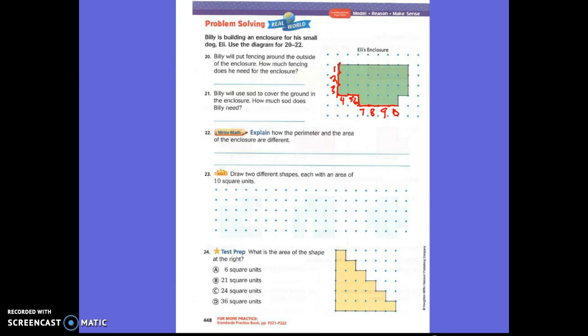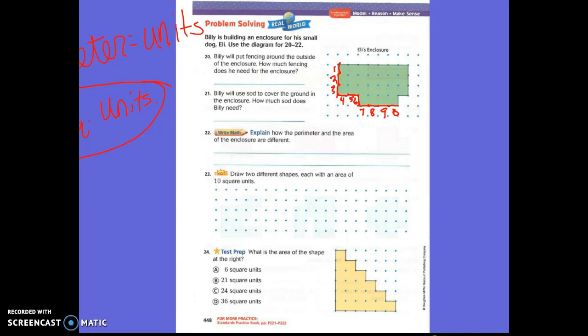How much sod does he need? Now, is this area or perimeter this time? Area. So now you find all the squares on the inside and write that down. And you write square units as your label, because the label for area is square units.